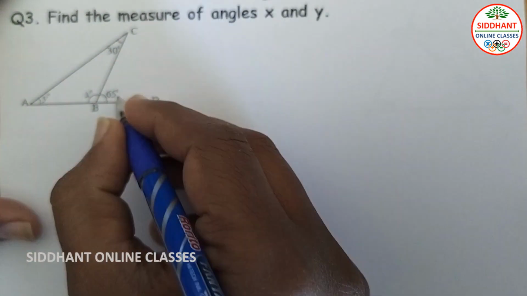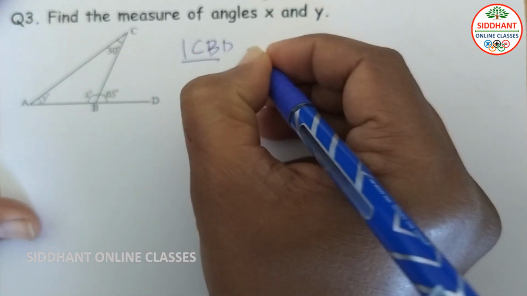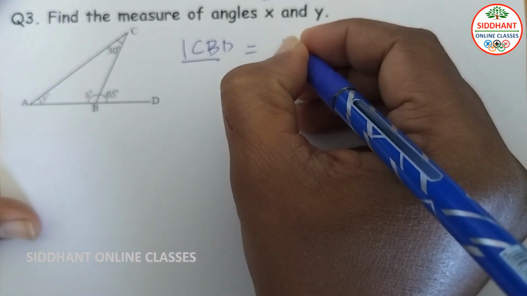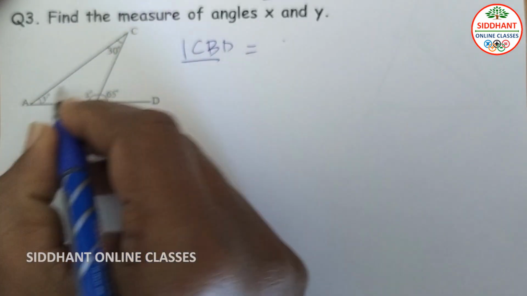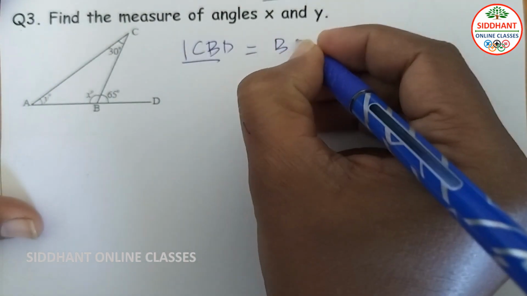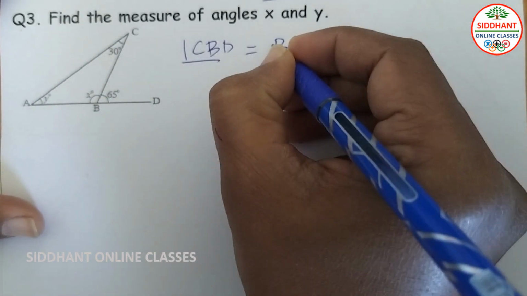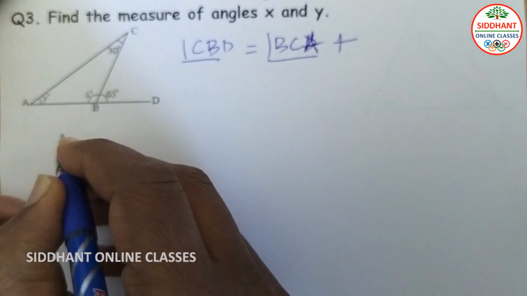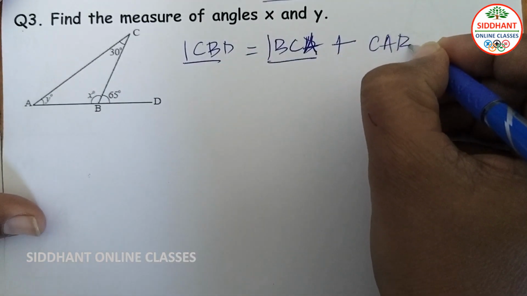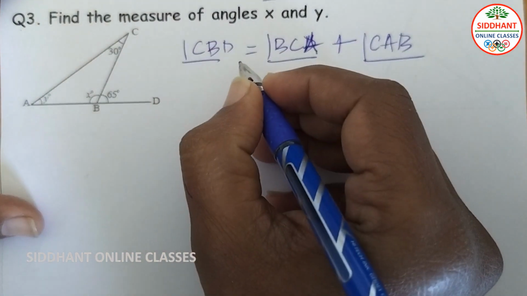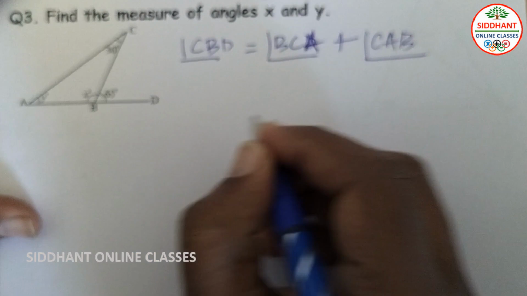That means angle CBD is equal to angle BCA plus angle CAB.